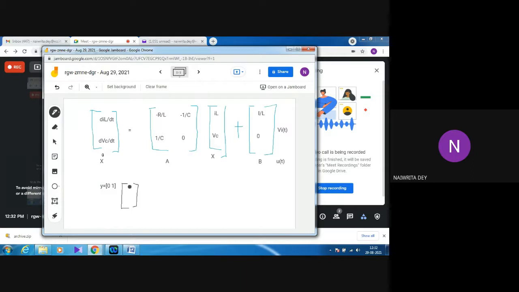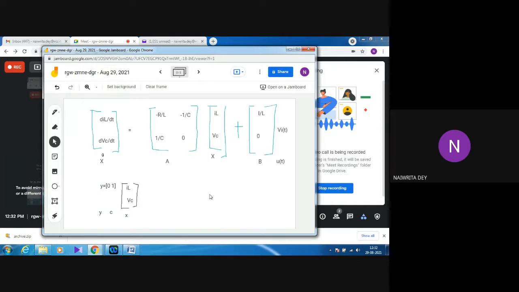Again just put the variables IL and VC. I have chosen VC as output. You can choose IL as output, then the coefficient values of this will change. So this is our y, this is our C matrix, and this is again our X matrix.